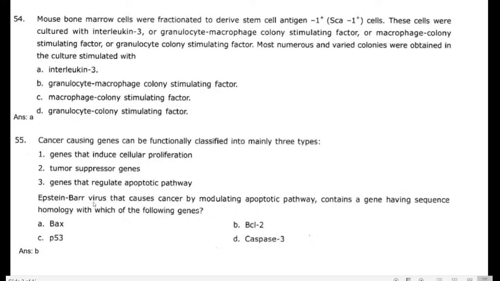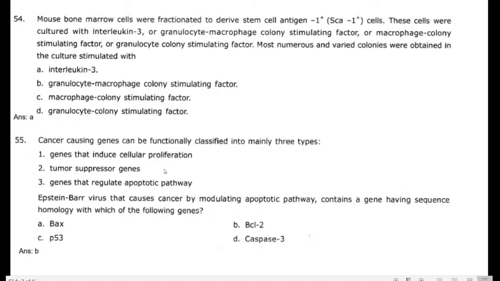Epstein-Barr virus causes cancer by modulating the apoptosis pathway. The keyword here is apoptotic pathway. This virus, modulating the apoptotic pathway, contains a gene having sequence homology with which of the following genes?